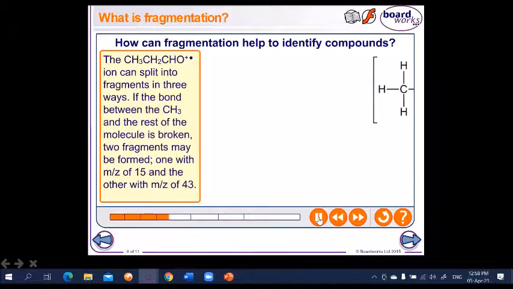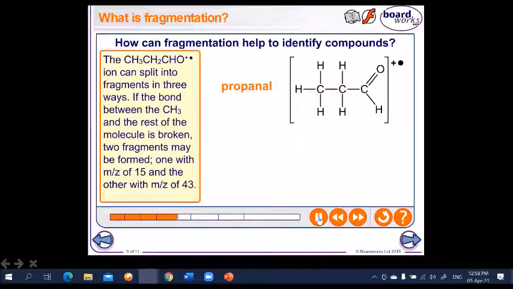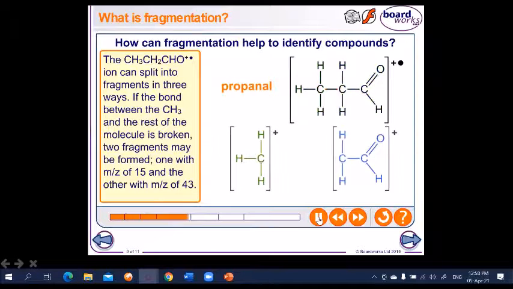For this case, the CH3CH2CHO plus ion can split into fragments in 3 ways. If the bond between the CH3 and the rest of the molecule is broken, 2 fragments may be formed, one with a mass to charge ratio of 15 and the other with a mass to charge ratio of 43. We saw these already in the other PowerPoint.